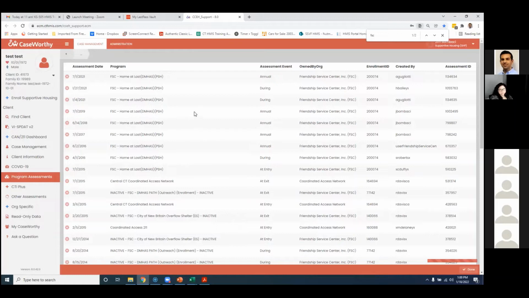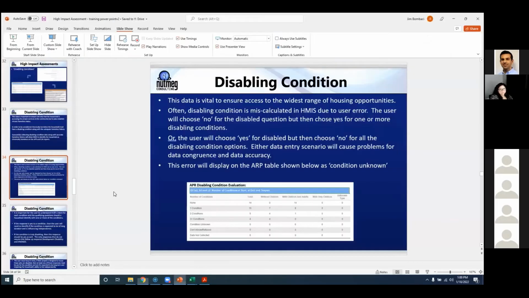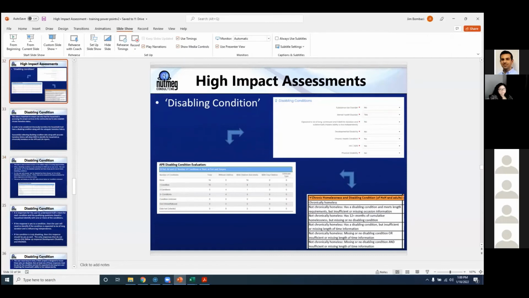as soon as it opens. The support site moves a little slower than live. So they'll identify one or more of the disabling condition values as yes. So I'll just go back to my screenshot instead of waiting for that. So here, the user said no to disabled in the HUD universal, but said yes to one or more of the disabling conditions.